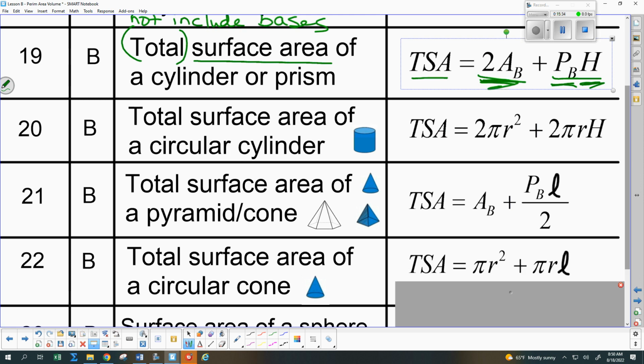But the formula is still the same. The circle has an area of pi r squared. The circle has a perimeter or a circumference of 2 pi r. So if I take the 2 pi r times L over 2, my 2's are going to cancel, and I just have the pi times r times that slant height.